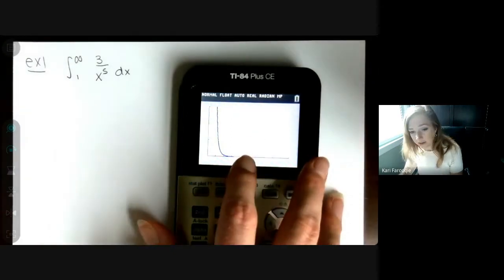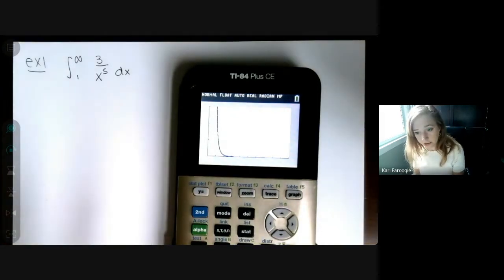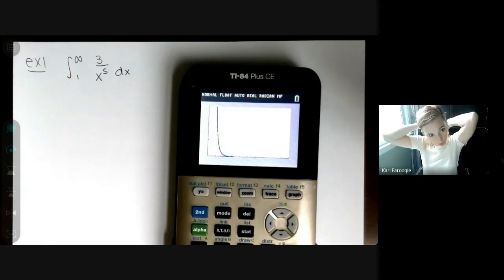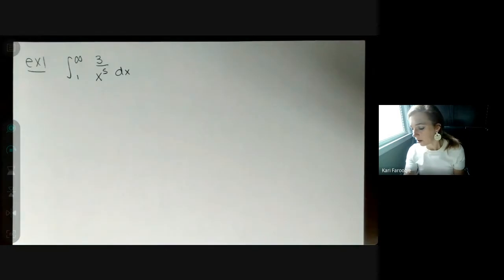So we're expecting that this is going to converge. And when we get to a diverge example, I'll look at that on the calculator too, so you can see. But it's good to have an idea of what you expect to happen before you actually start working on these integrals. So I'm guessing it's going to converge, but we're going to set this up just like we always will, with a limit.